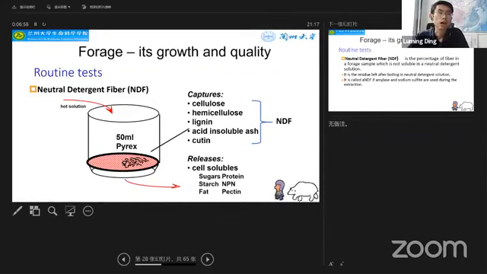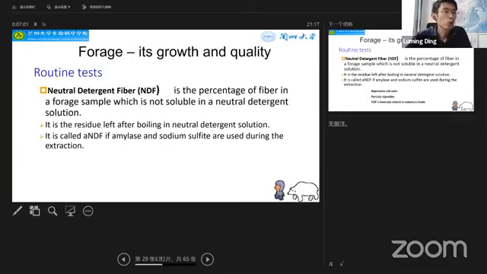So these are NDF. Neutral detergent fiber is the percentage of fiber in a forage sample which is not soluble in a neutral detergent solution. It is the residue left after boiling in neutral detergent solution. It is called aNDF if amylase and sodium sulfite are used during the extraction.